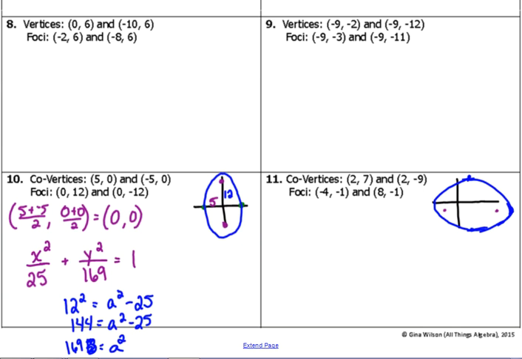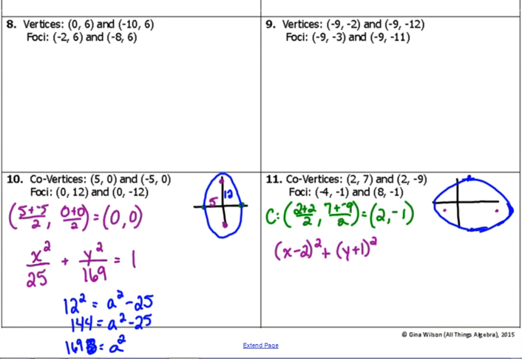All right, center, midpoint of the co-vertices. So 2 plus 2 over 2, 7 plus negative 9 over 2. So that's 2, negative 1. Let's plug that into our formula. We've got x minus the x coordinate squared plus y minus the y coordinate squared, so y plus 1. This one's horizontal, so x squared is over the bigger number.